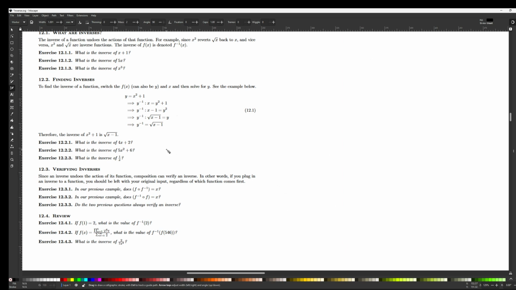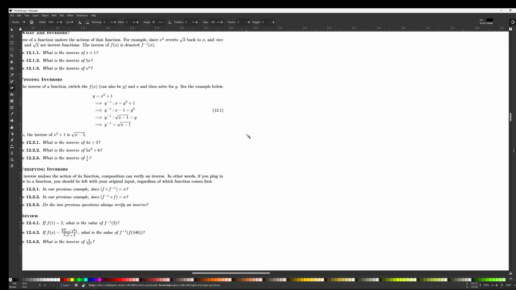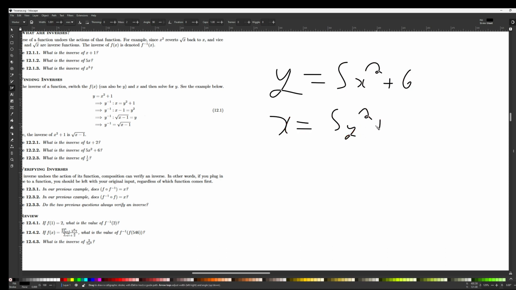What is the inverse of 5x squared plus 6? Okay. y is equal to 5x squared plus 6. Switch the x and the y. x is equal to 5y squared plus 6. Subtract the constant. x minus 6 is equal to 5y squared.